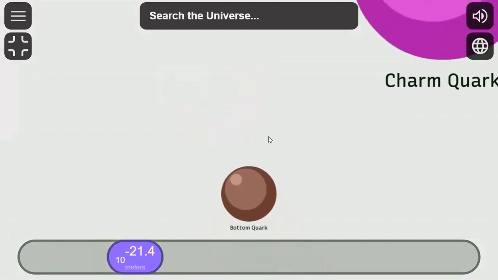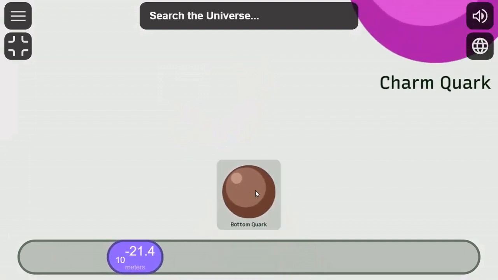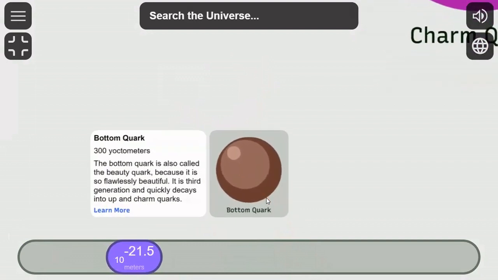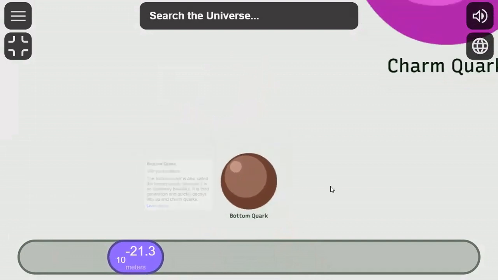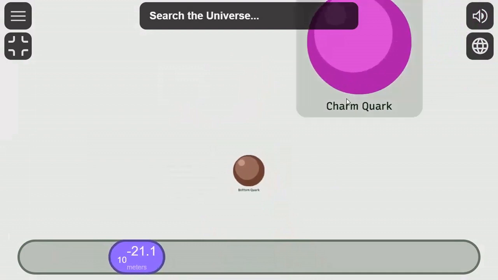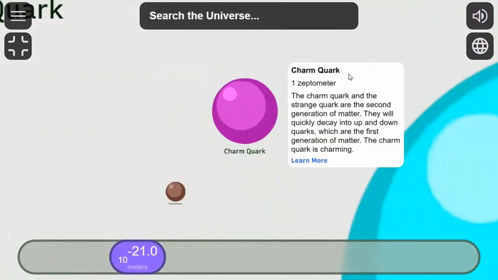Oh, wow. Now look, 10 raised to the power minus 21.4 meters. Bottom quark, 300 zeptometers. And then the charm quark is one zeptometer.